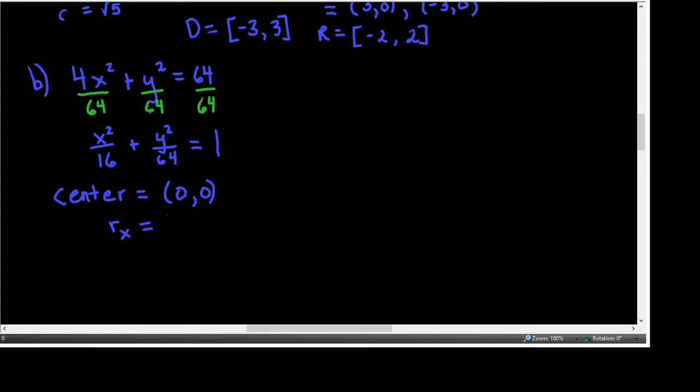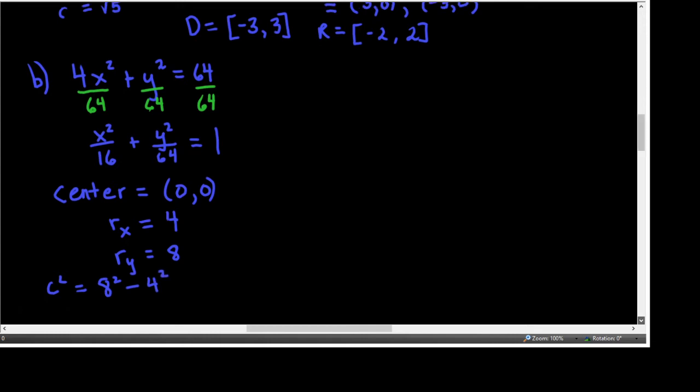All right, so what would the x radius be? Well, the square root of 16 is 4, so that's the x radius. The y radius is the square root of 64, which is 8. So c squared is equal to the larger number of those two that we just found, squared, minus the smaller one squared.